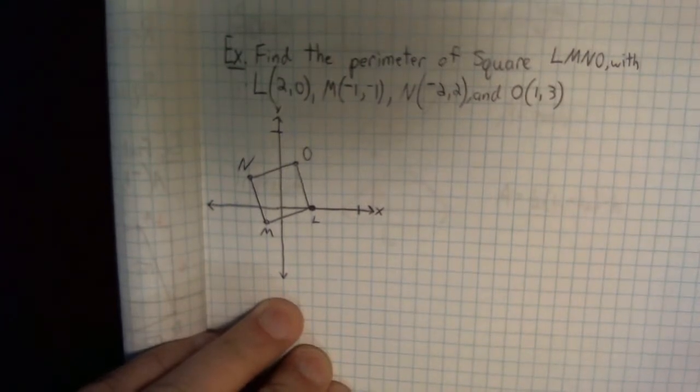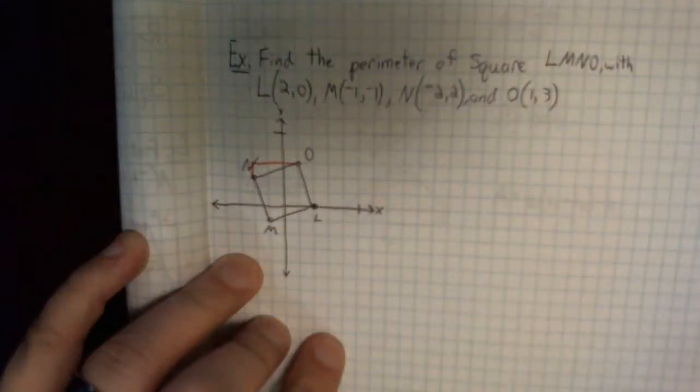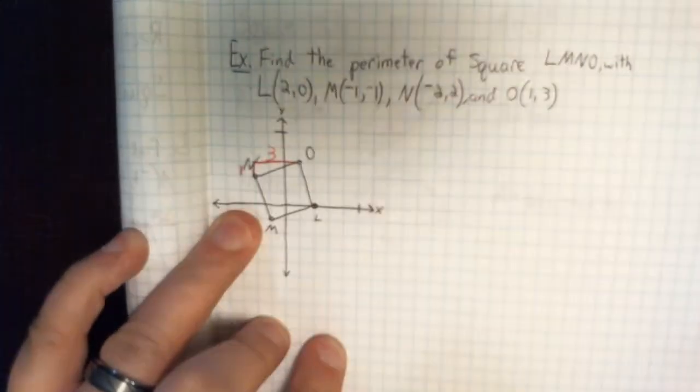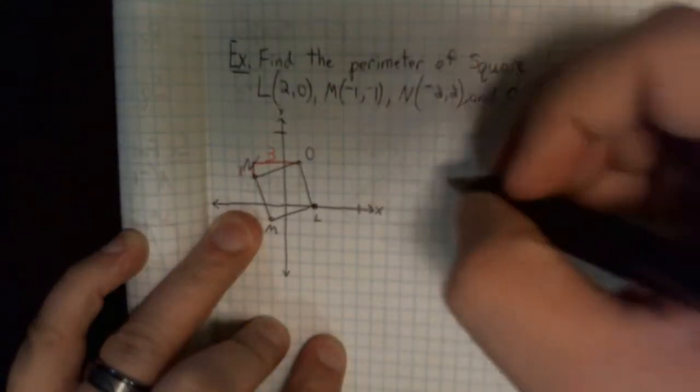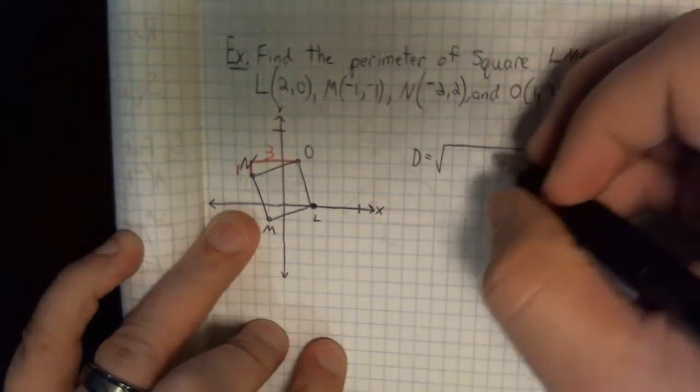So let's just use the counting principle. I find it to be a lot easier when you have a coordinate plane in front of you like this, and there's nothing wrong with doing that because we're still technically using the distance formula. We're just taking a shortcut, doing the subtraction by visually counting.